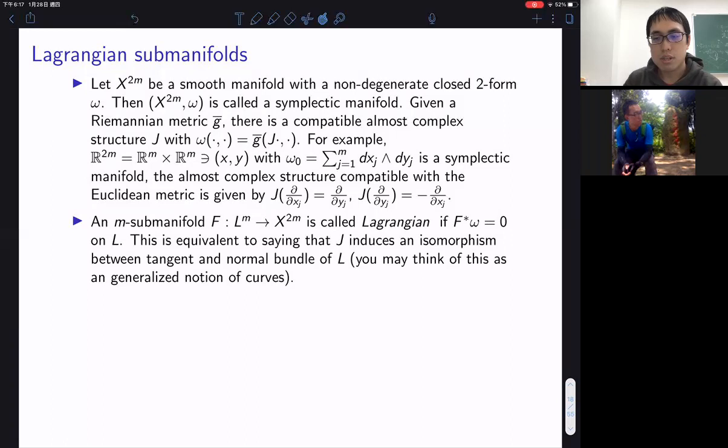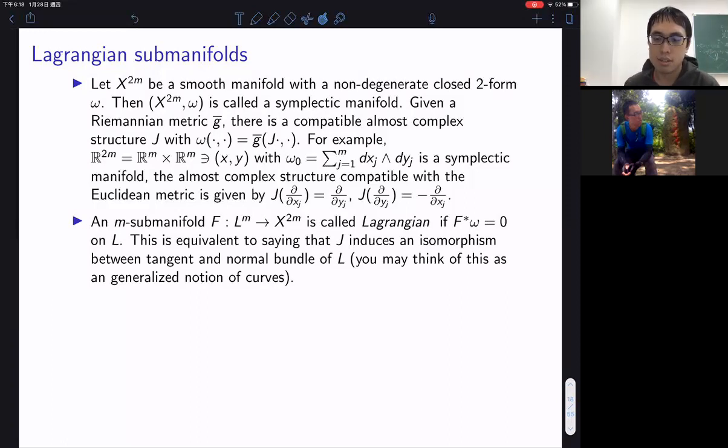So together with the Riemannian metric and the compatible almost complex structure, there's a more geometric description for the Lagrangian submanifold, saying that this compatible almost complex structure J actually induces an isomorphism between the tangent and normal bundle of L. So the Lagrangian submanifolds are in some sense a generalization of plane curves, because the normal vector of a curve is just the tangent vector of the curve rotated by 90 degrees.